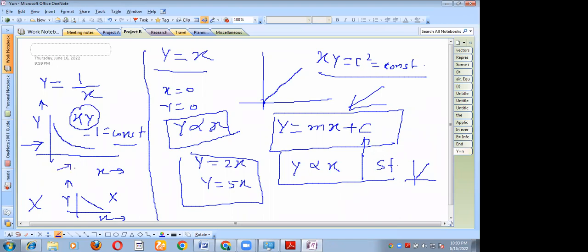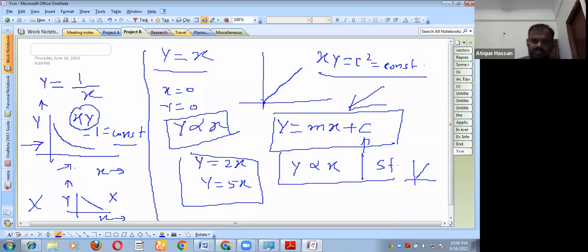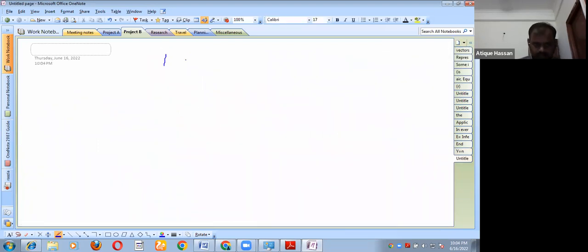Since x is increasing, it's decreasing. Similar is the case with that one. If you see that one, there we had E proportional to 1 by r square, right?